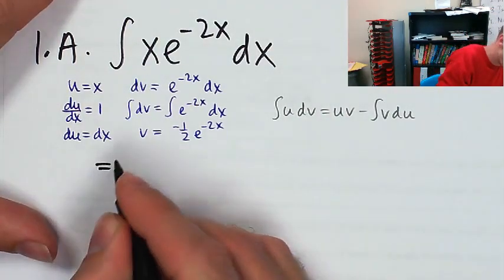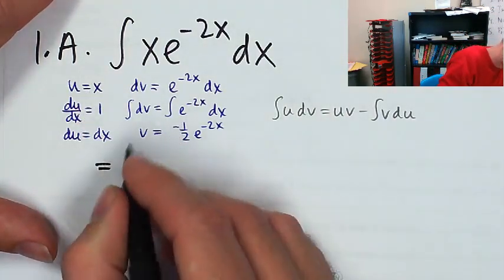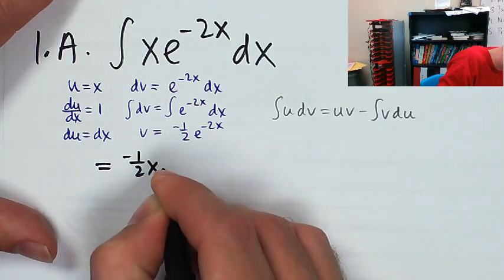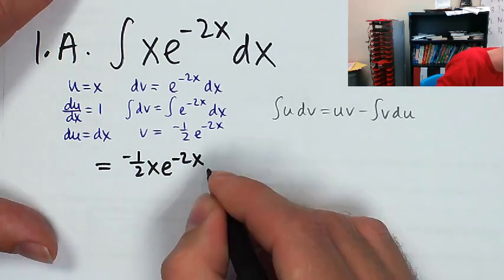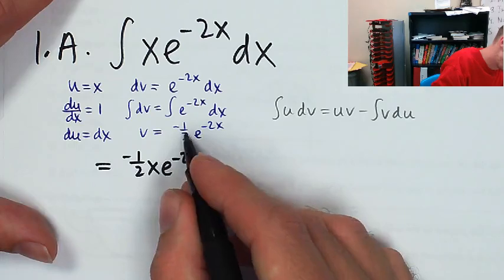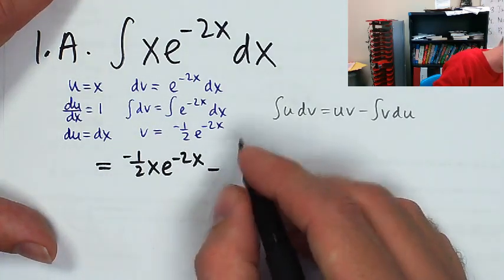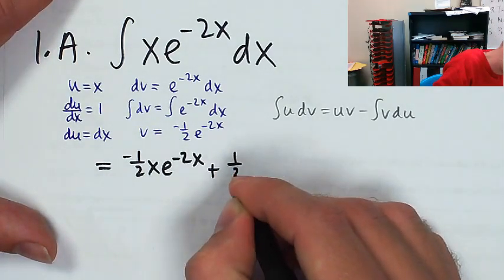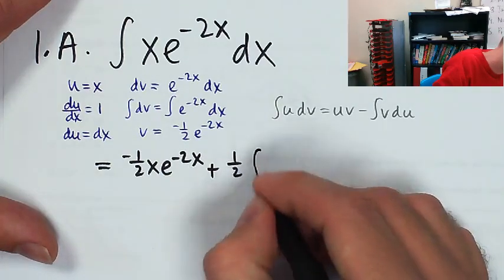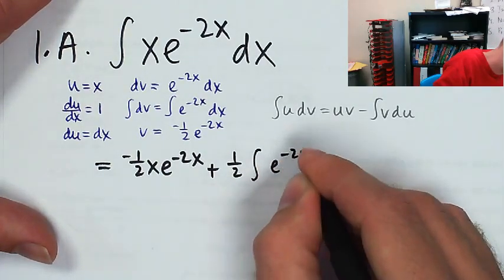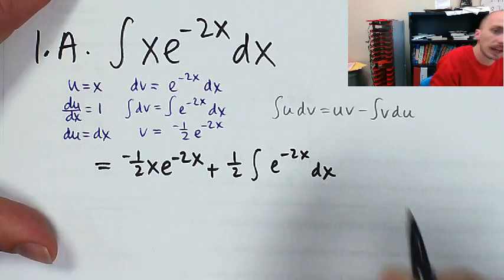So this integral is going to be u times v, so negative 1/2 x e to the negative 2x, minus the integral of v du. That would become a plus 1/2, the minus of the negative half, times the integral of v, that's e to the negative 2x, du is dx.